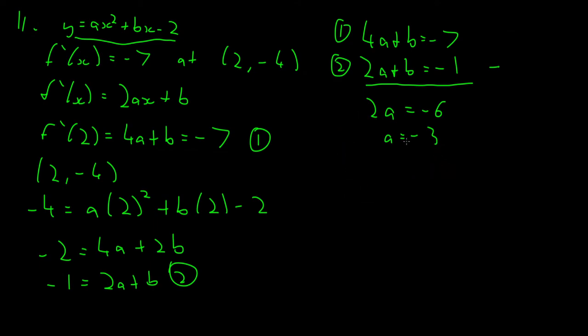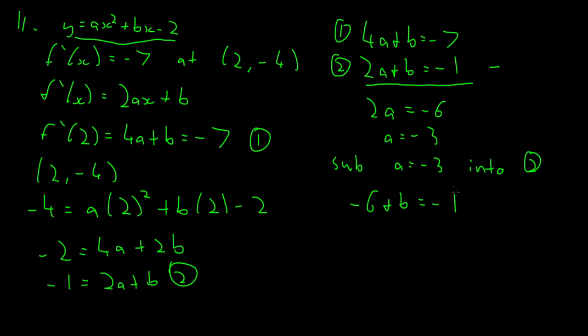And then what we do is we sub it back into one of these equations. It doesn't really matter which one you do, but I think number 2 looks a bit easier, because there's fewer things. So we'll do 2 times minus 3, which is minus 6, plus b equals minus 1.